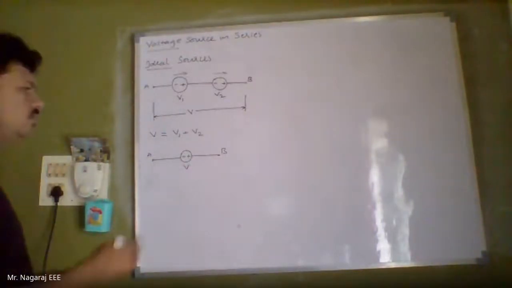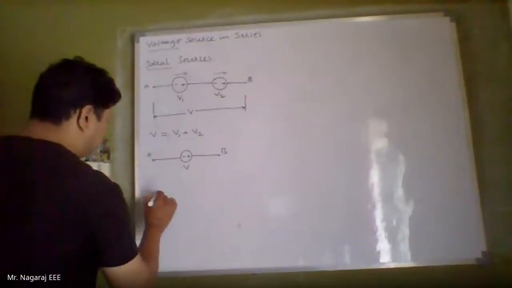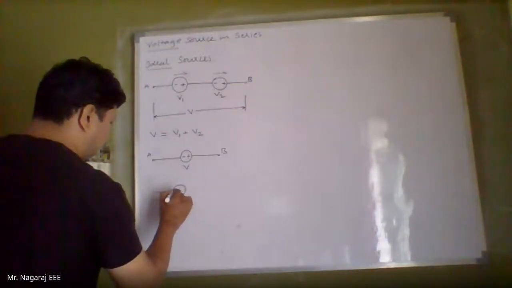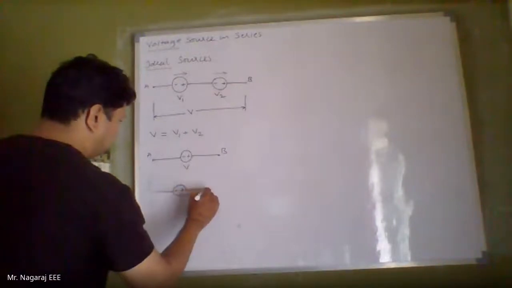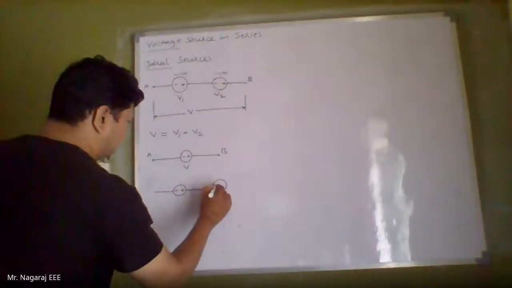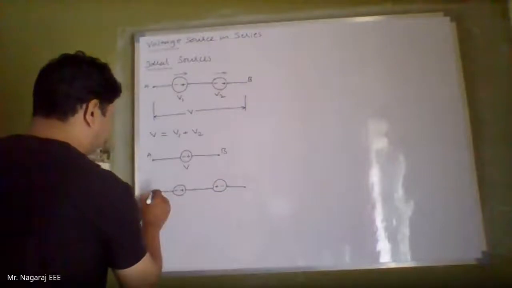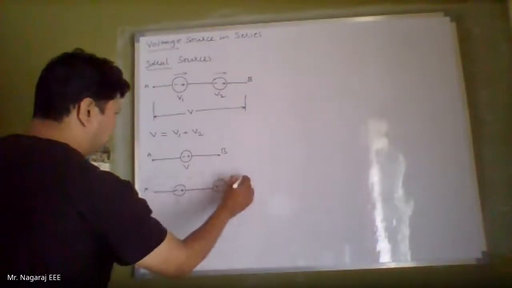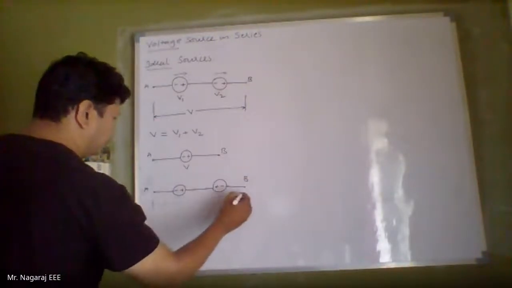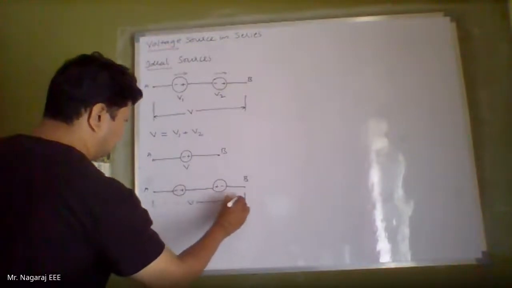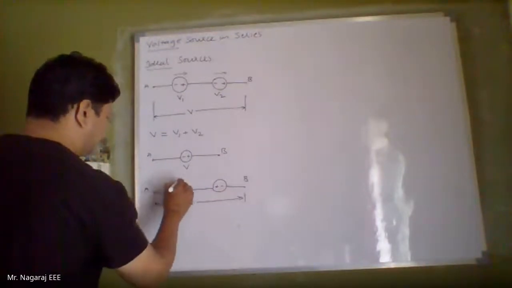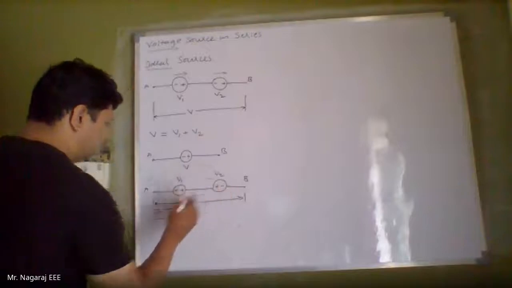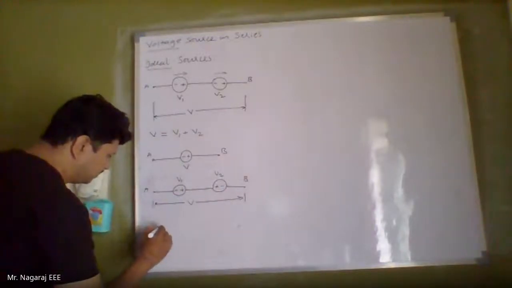Now if these two are opposite, then what is V?